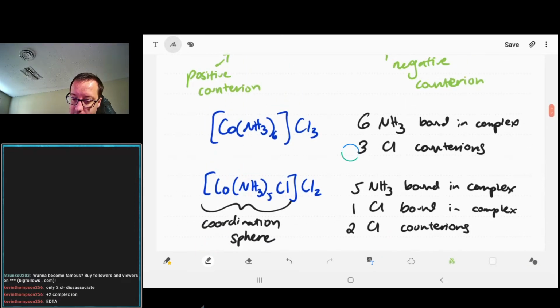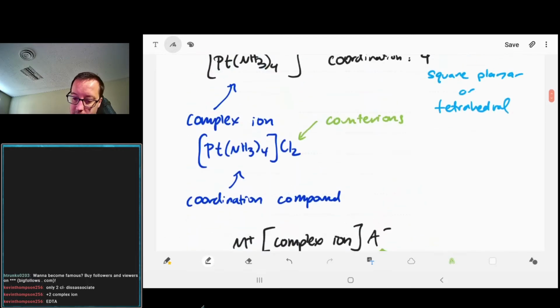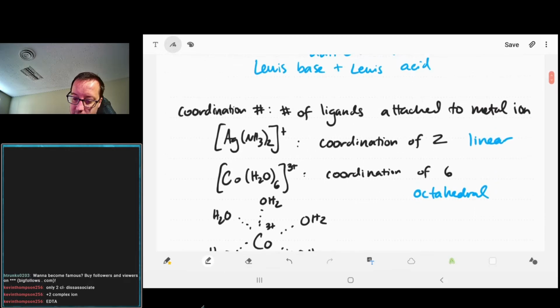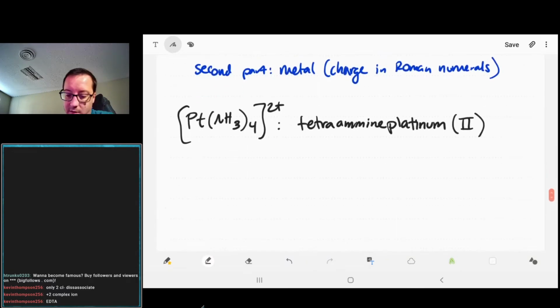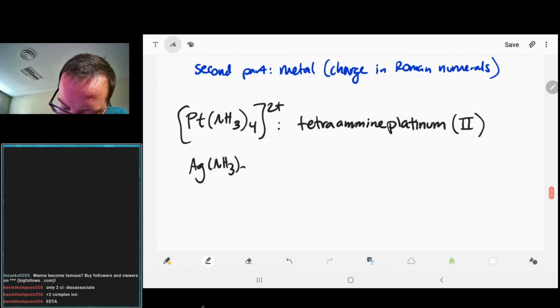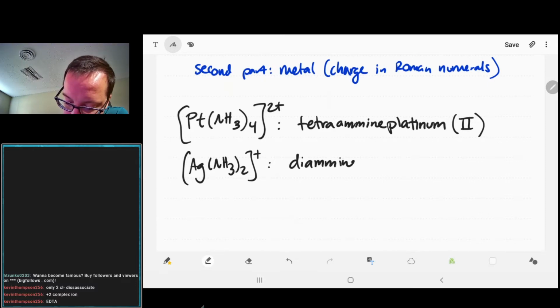What else did we do with these? Oh no, go away. We did platinum, we had cobalt. I guess we have the silver we can talk about. This is just diamine silver.